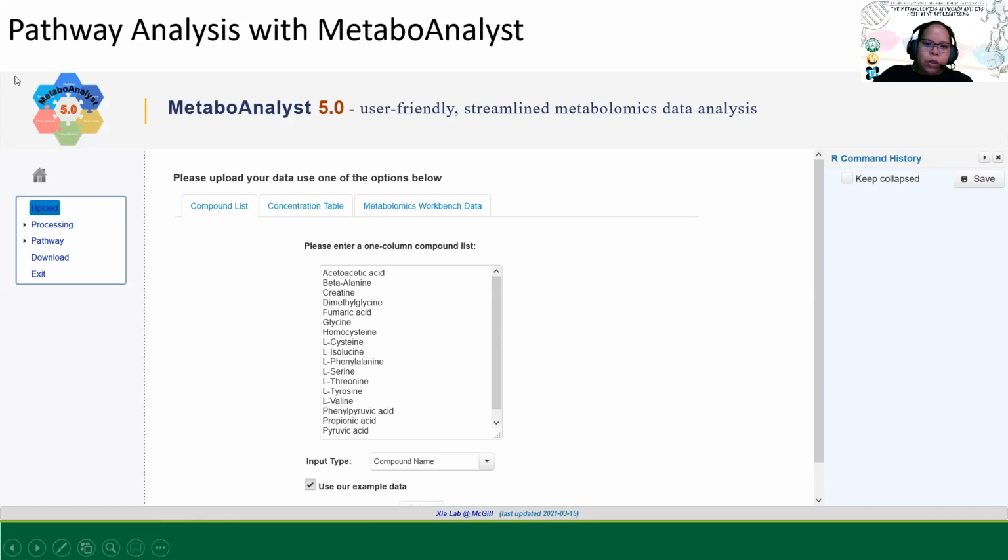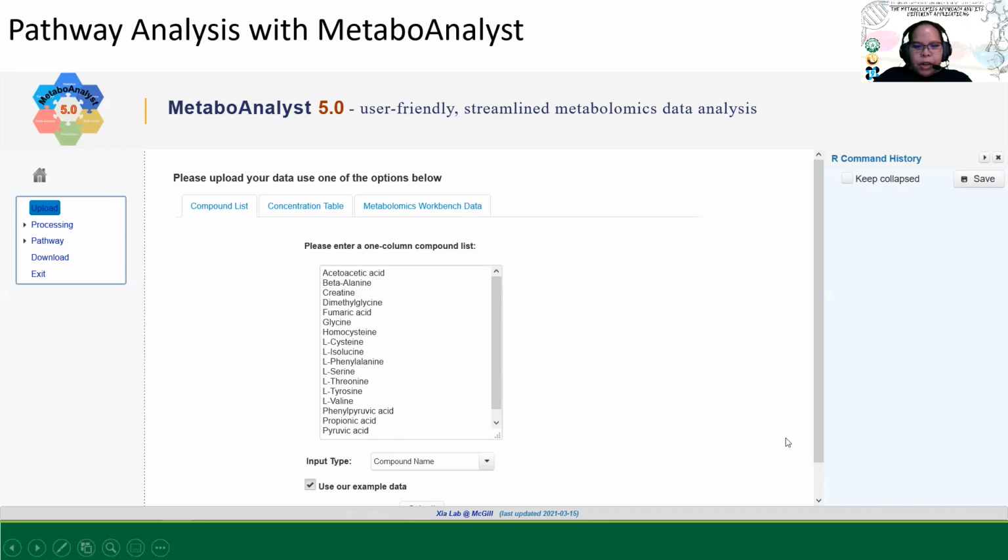You can also make use of data that are available in their Metabolomics Workbench database, if you want to look at the pathway analysis of that data. For this one, I just inputted the example data. So if you want to practice, they have some example data that you can use for practice.